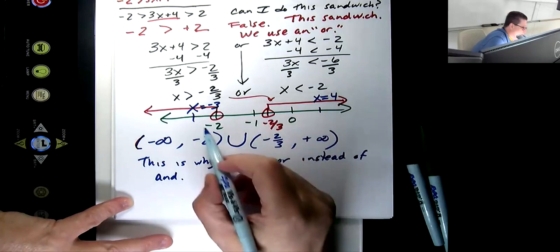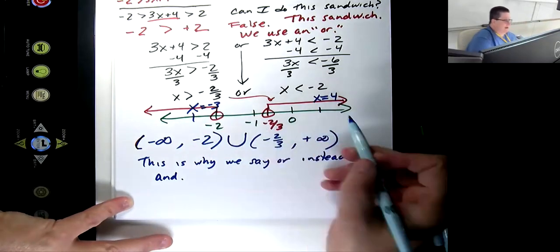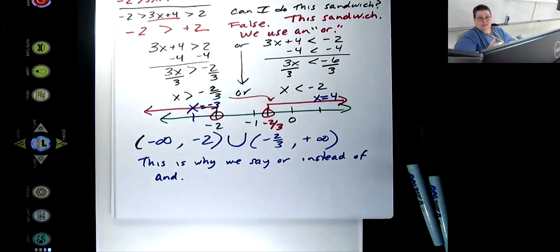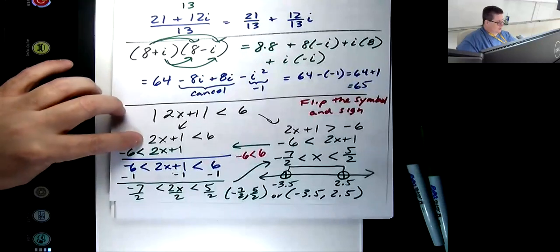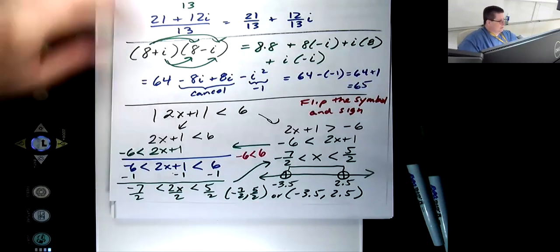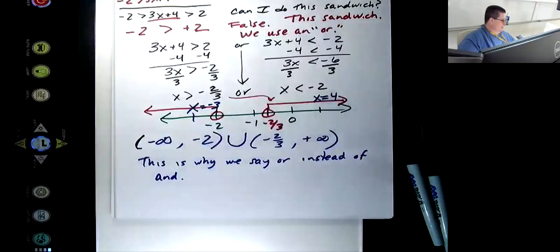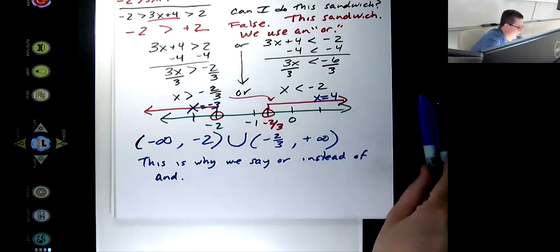So it can be in one of them or the other one, but we don't know where. For the sandwich, if I kept them separated and solved, it would meet both equations simultaneously, so it's an and. I don't know if that's helpful, thinking why it's or and why it's and.